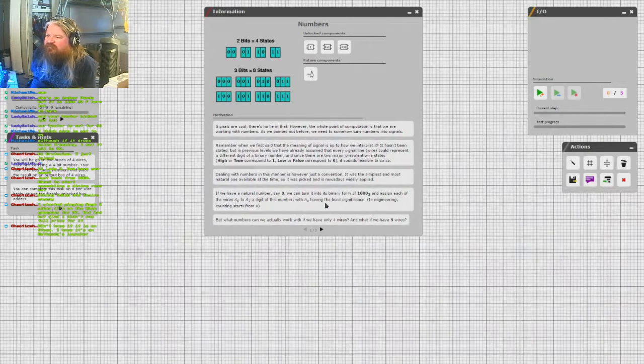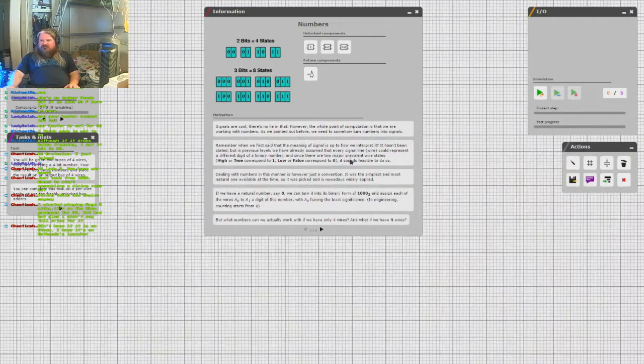However, the whole point of computation is that we are working with numbers. As we pointed out before, we need to somehow turn numbers into signals. Remember when we first said that the meaning of the signal is up to how we interpret it? It hasn't been stated, but in the previous levels we already assumed that every signal line, wire, could represent a different digit in a binary number.